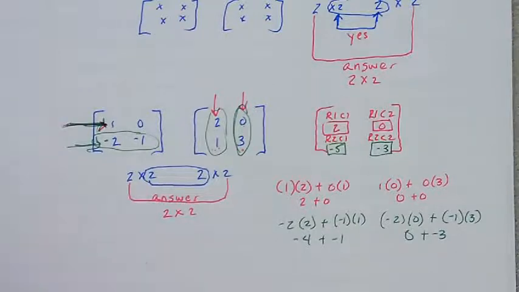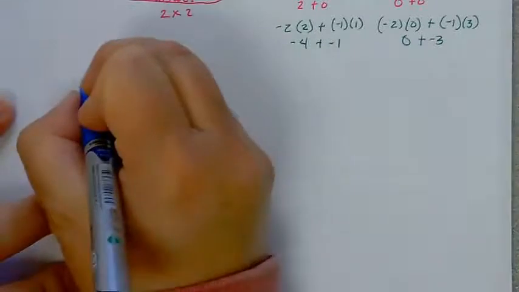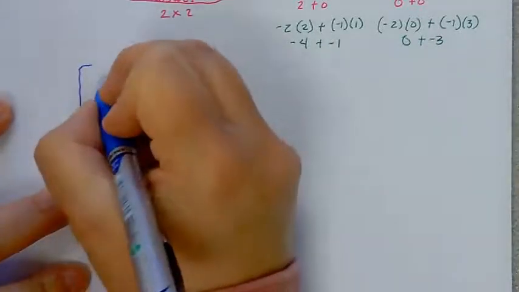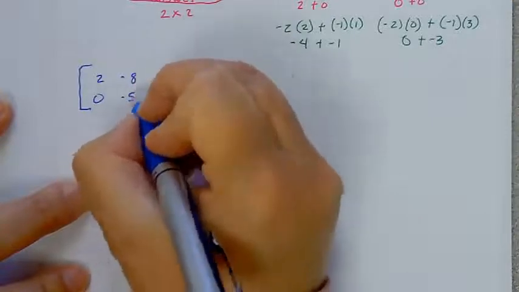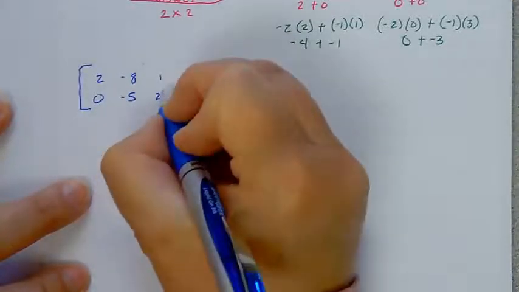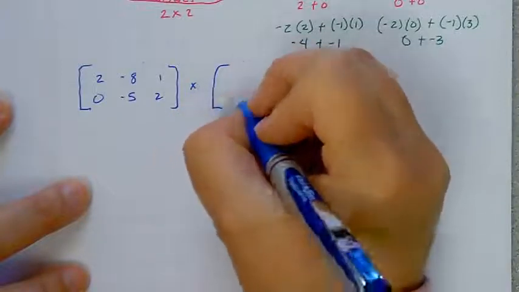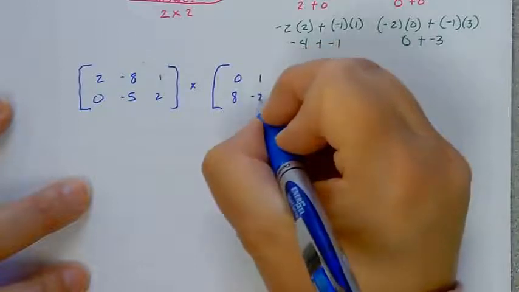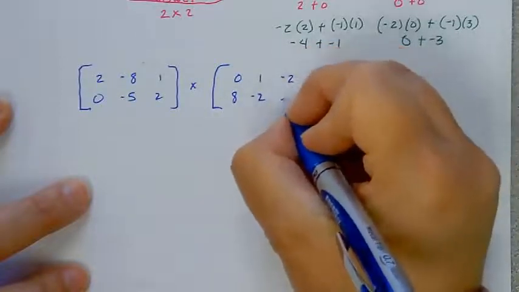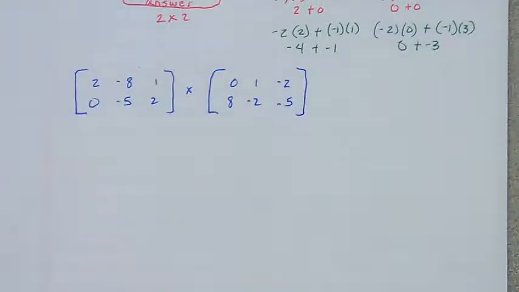Let's do another one. So I'm going to multiply this matrix times this matrix. The first thing I want to do when I see a multiplication problem is decide if this is even possible.